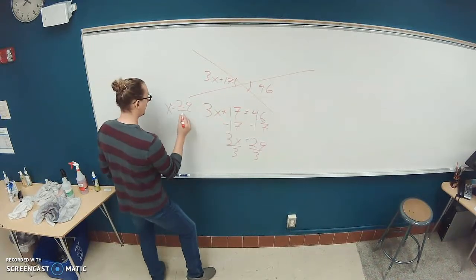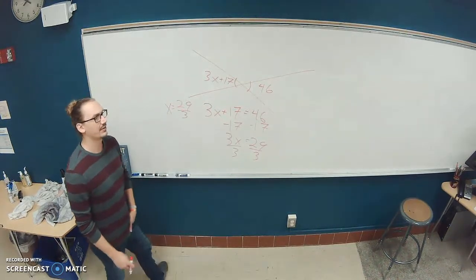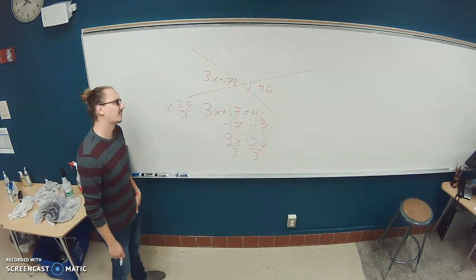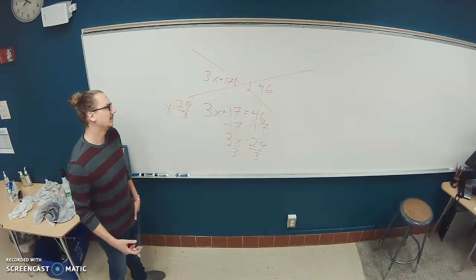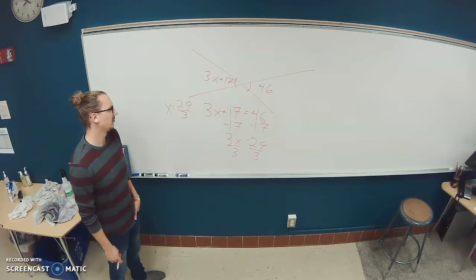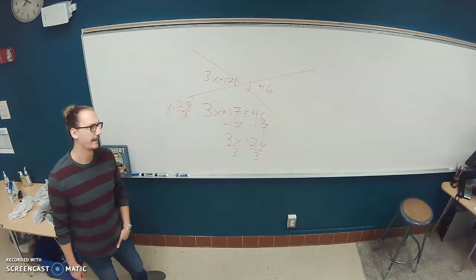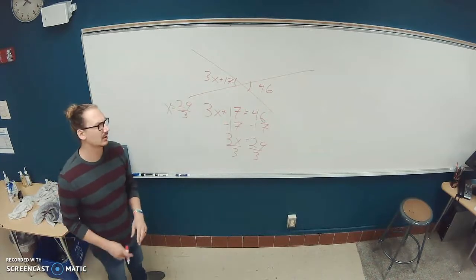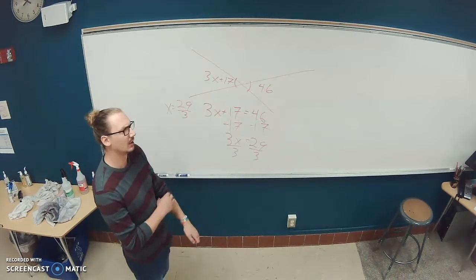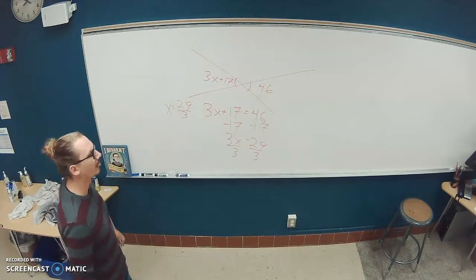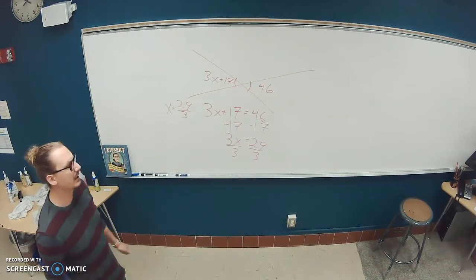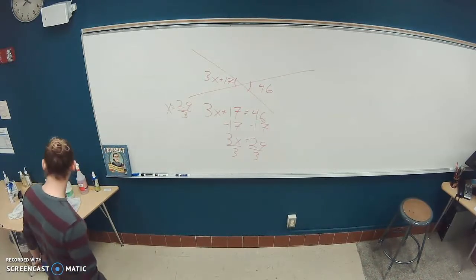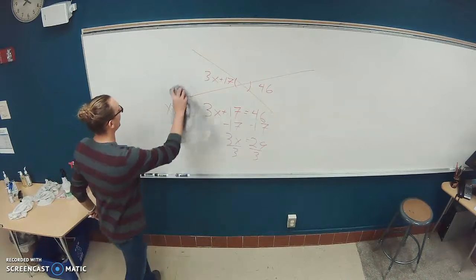Sorry. x will equal 29 thirds, or 9 and 2 thirds. So 9.6 repeating. Okay. I'll make sure that everything works out. If you get a decimal today on the homework, you probably did something wrong, because I'm not even going to put decimals in this one. Okay? So we are looking at stuff like that.